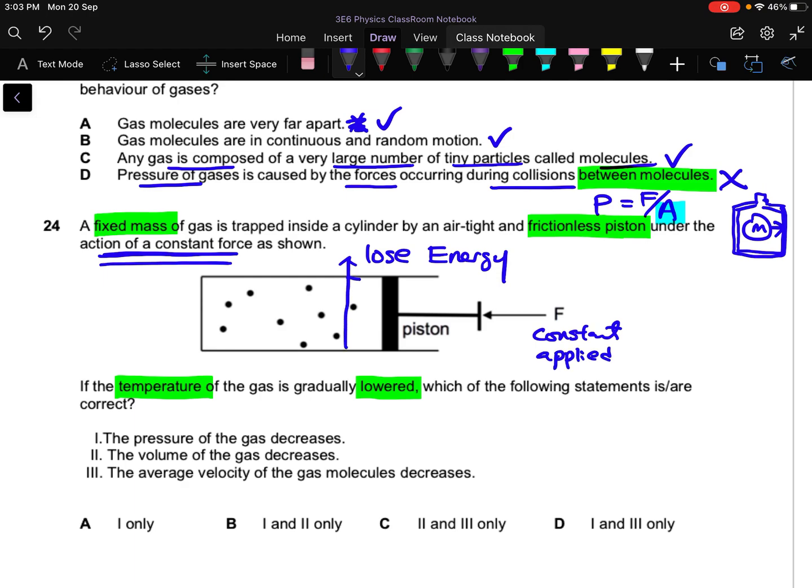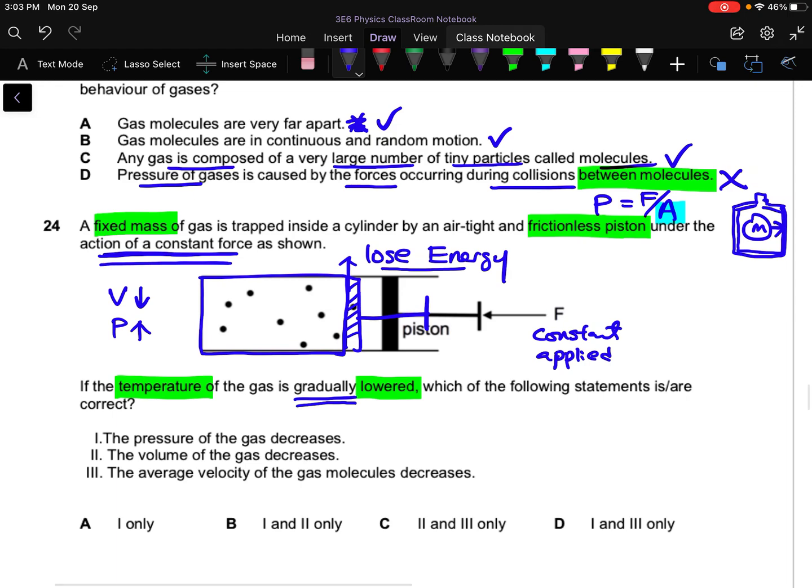So the piston is going to move inward, right, as I reduce the temperature. So when I do that, actually I am reducing the volume inside here. So when volume drops, definitely my pressure will rise. But at the same time, I am losing energy slowly.